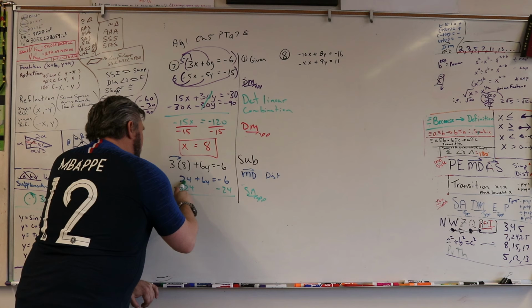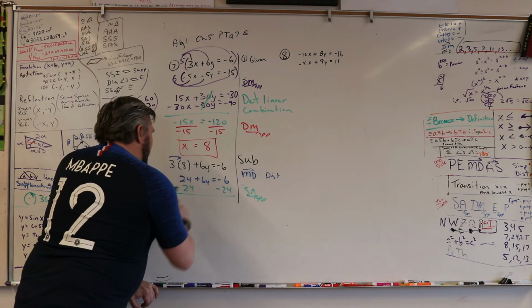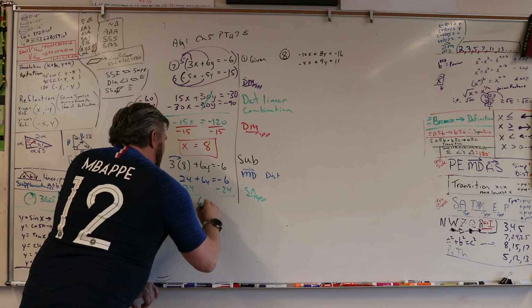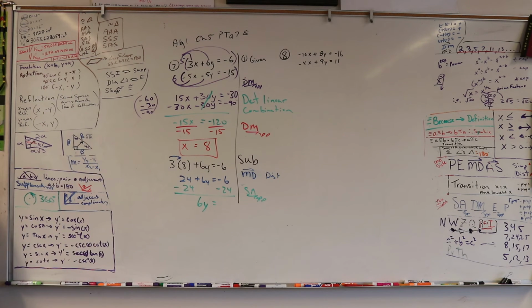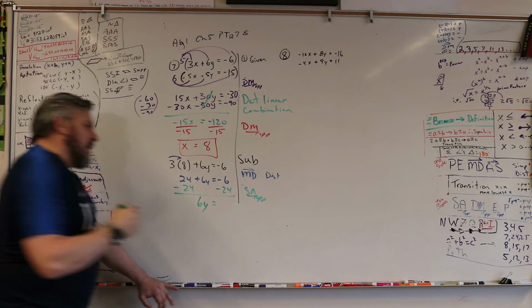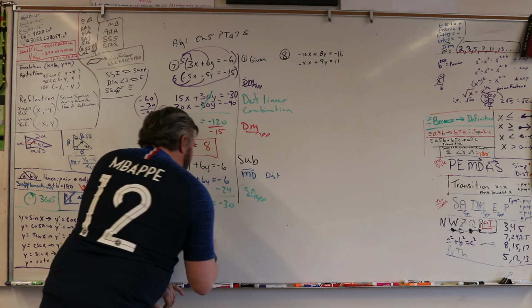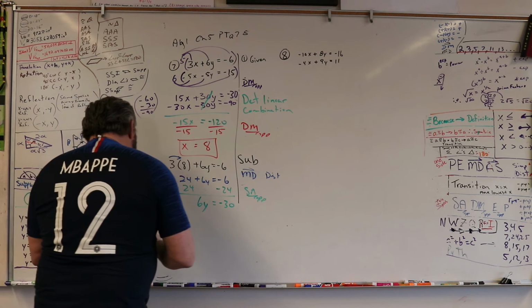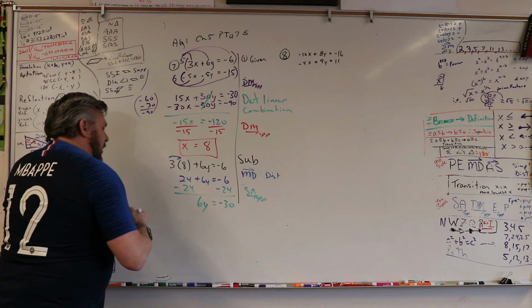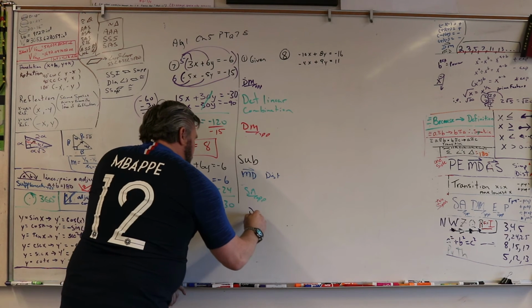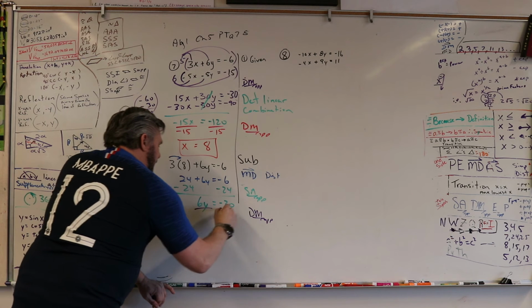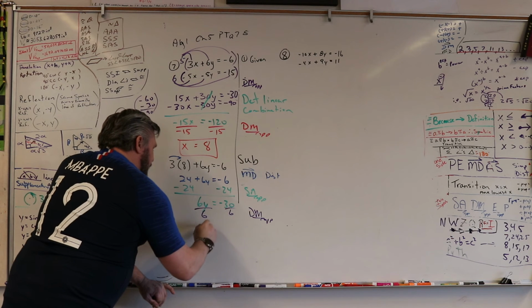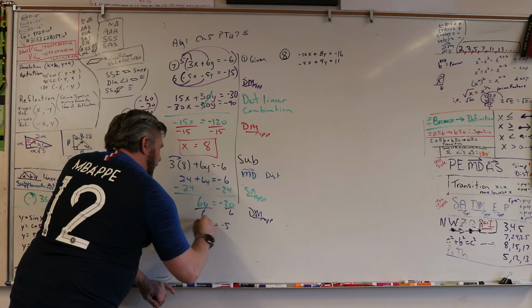So the opposite of 24 is negative 24. We get 6y is equal to, what's negative 6 plus negative 24? Negative 30. Okay, so now we're going to do what? Divide. So DM, we're going to divide both sides by 6. We get y is equal to negative 5.